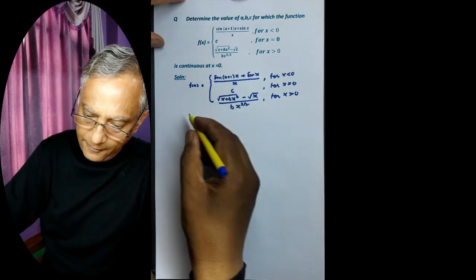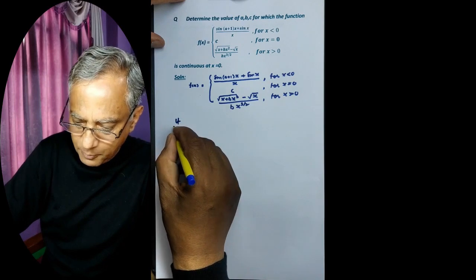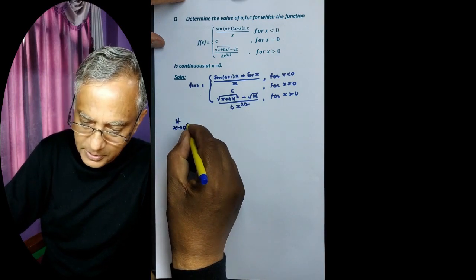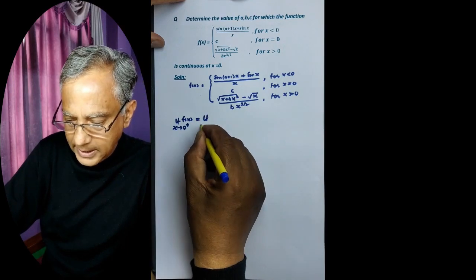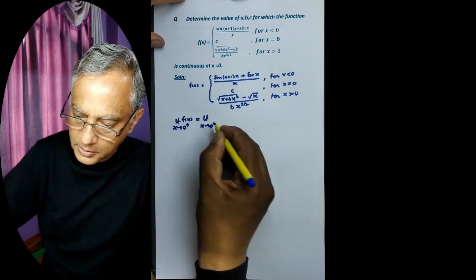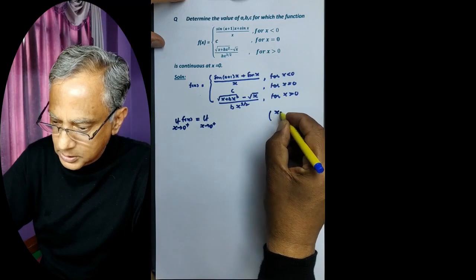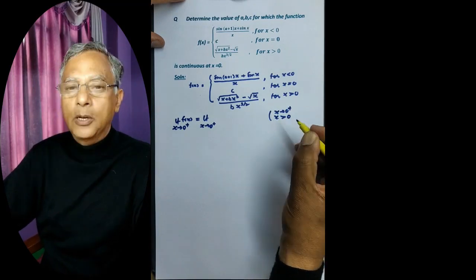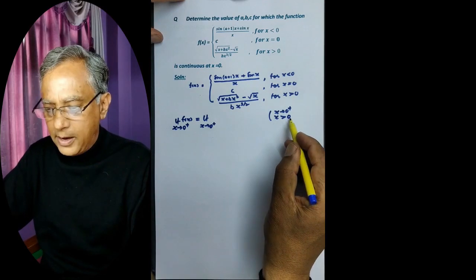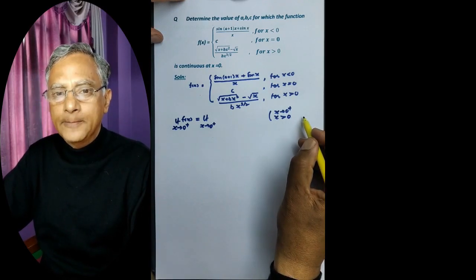So first I find the limit as x approaches 0 from the positive side of f(x). This is equal to the limit as x approaches 0 from the positive side. Now x approaches 0 from the positive side means x is greater than 0. x is greater than 0 in the neighborhood of this point 0.